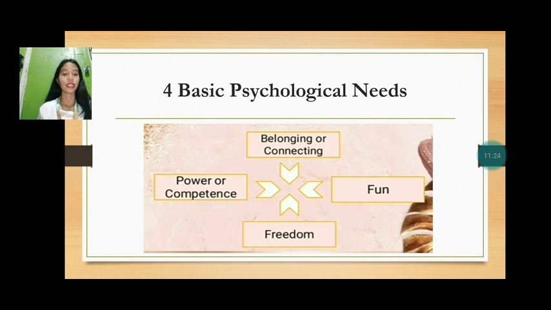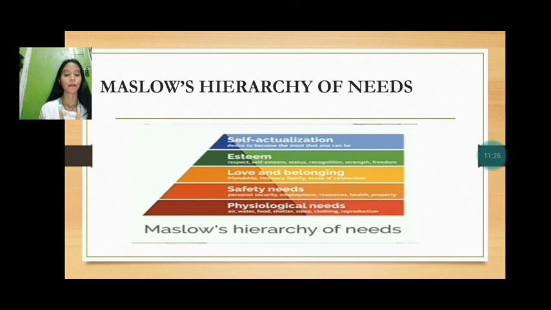Okay, now let us proceed and learn about Maslow's hierarchy of needs, proposed by Abraham Maslow in 1943. There are five stages of Maslow's hierarchy of needs. First, the physiological needs, such as air, water, food, shelter, sleep, clothing, and reproduction, which are some of our basic needs as humans.